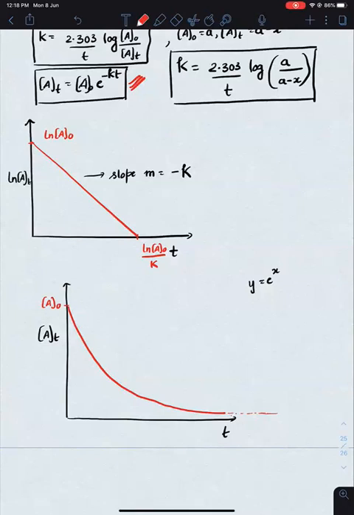If A naught becomes A naught upon 2, तो ये वाला value क्या होगा? This will be equal to A naught upon 2. उस particular level पे जो भी time रहेगा, what is the time equal to? T half. Very good.